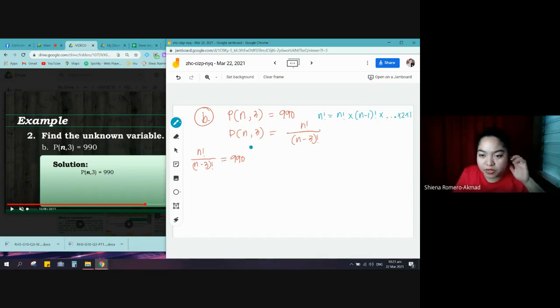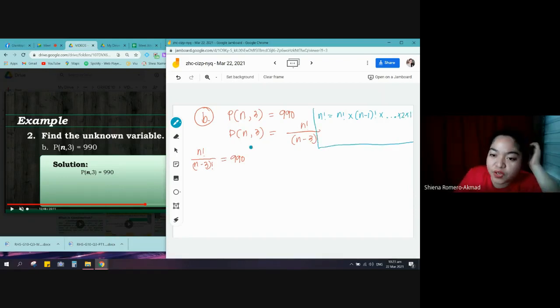Anong ibig sabihin ba nito? Ang ibig sabihin nito, if you have kunwari 5 factorial, that's equal to 5. How about n minus 1? That's n minus 1, which is 4.